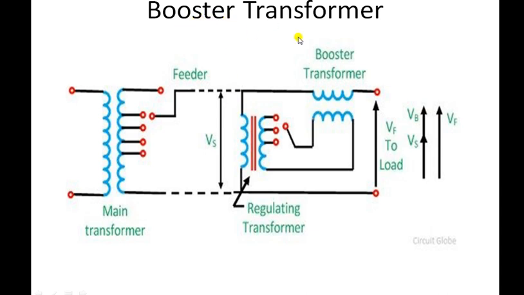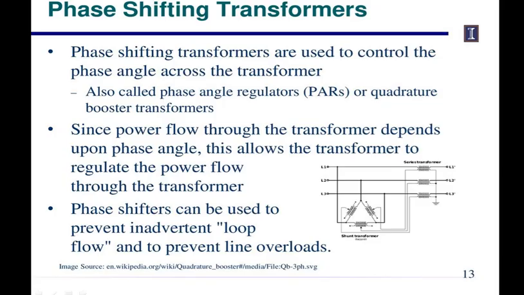So like this, using a booster transformer in between the transmission line, we can boost the voltage and meet the requirement of this load. By connecting the relays in the appropriate position, we can even isolate this booster transformer whenever it is not required.